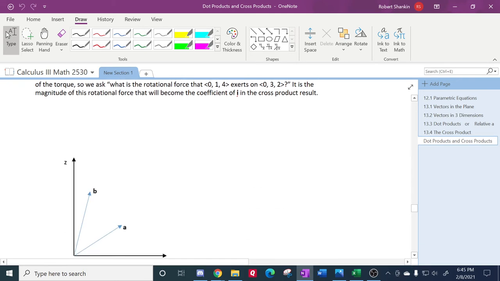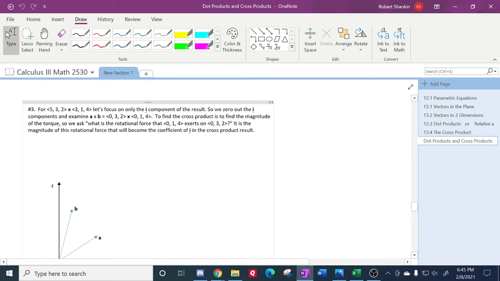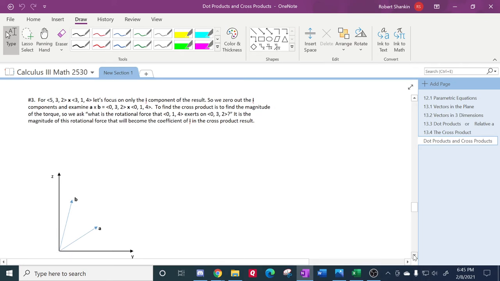So now I can draw these. 0, 3, 2. So 3 over and 2 up. And this must be 3 over right here. And this must be 2 up.